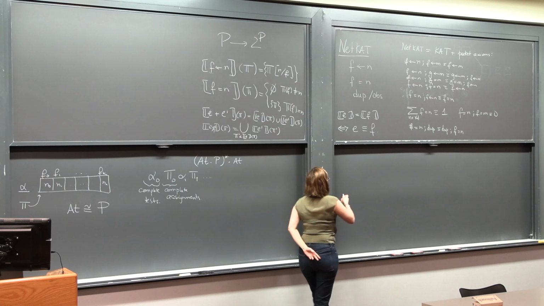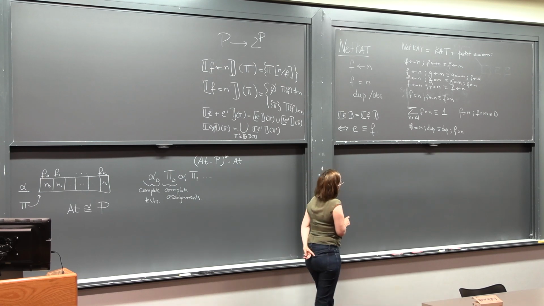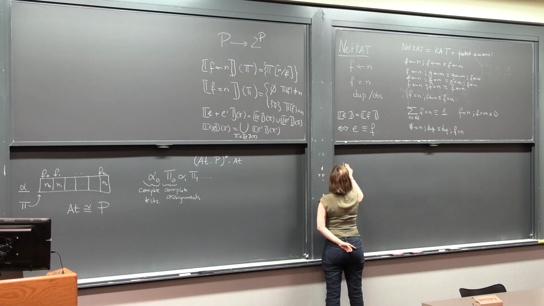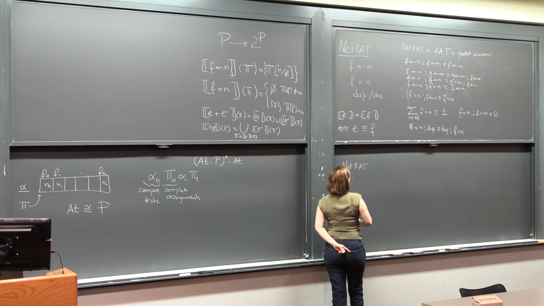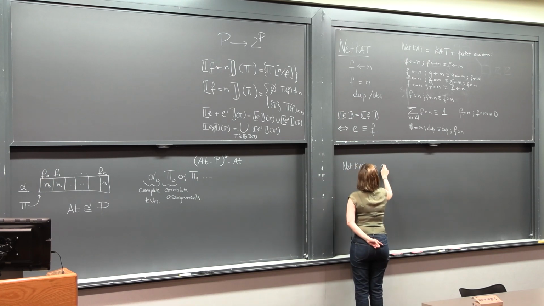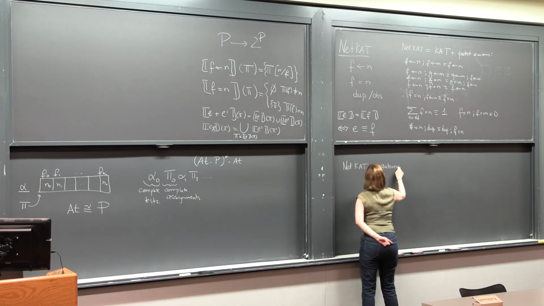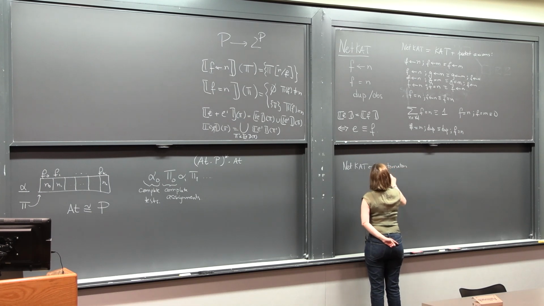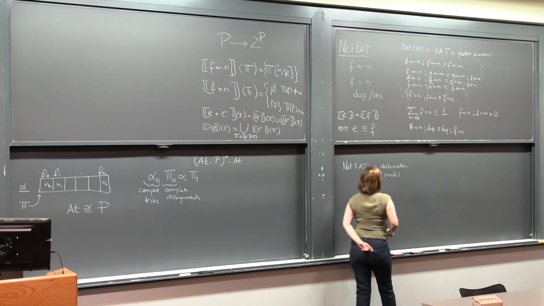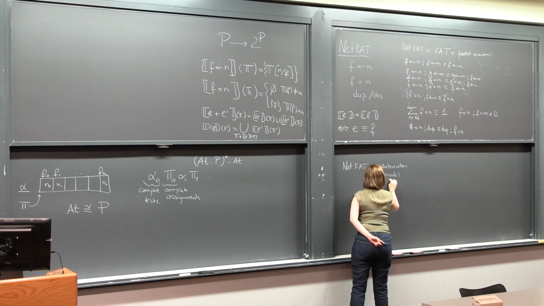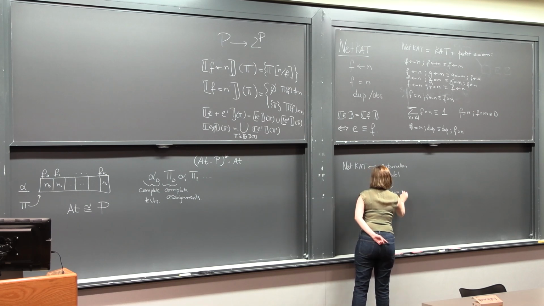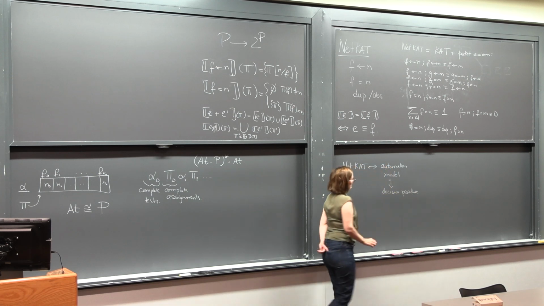And so in the second paper we have on this, we showed that netcat has an automaton model, and this automaton model gives you a decision procedure for equivalence that is quite efficient.